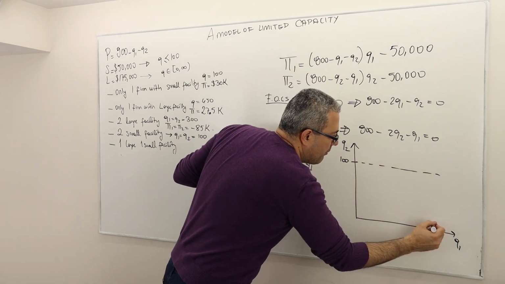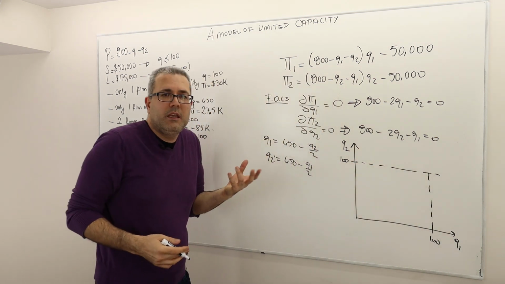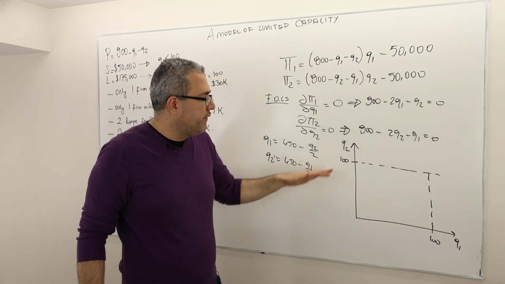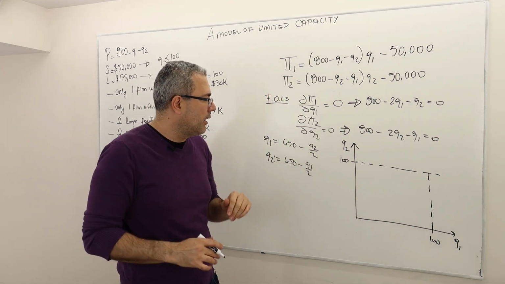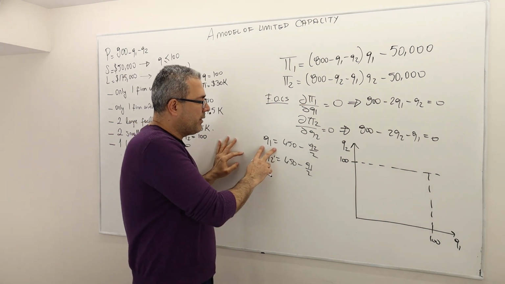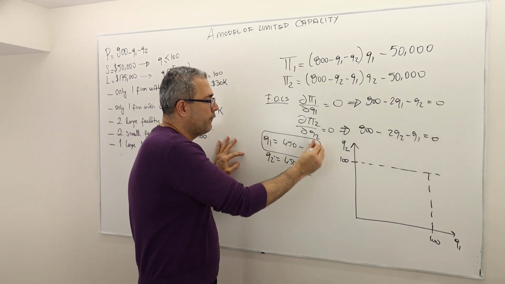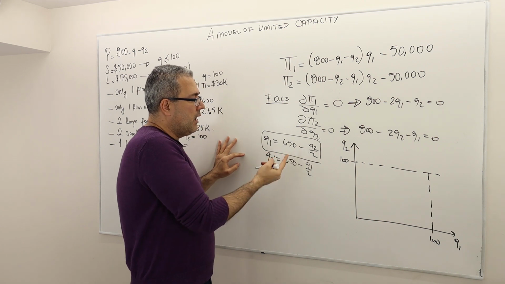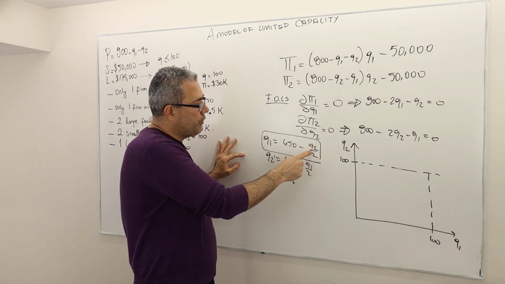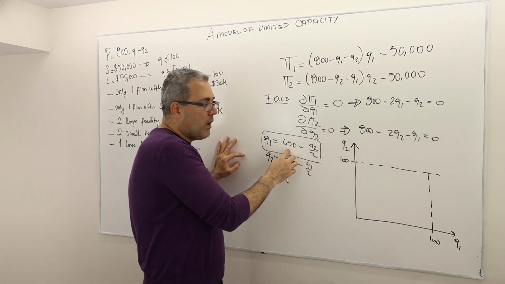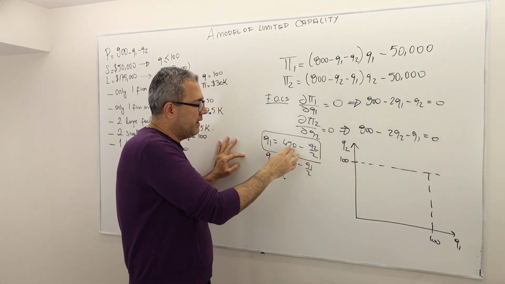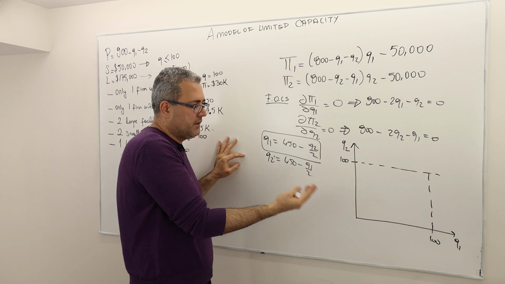They cannot go above 100. So do not really worry about what if Q1 or Q2 is higher than 100. It can't be. Now I'm going to draw the best response of firm 1 first. That means when Q2 is equal to 0, for example, the maximum Q1 can be is 450. Well, obviously this is impossible.